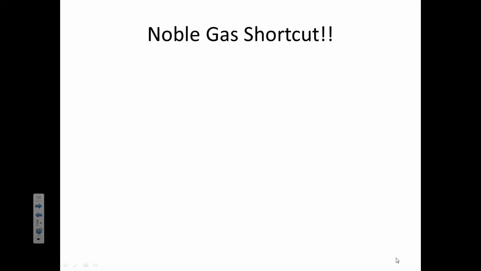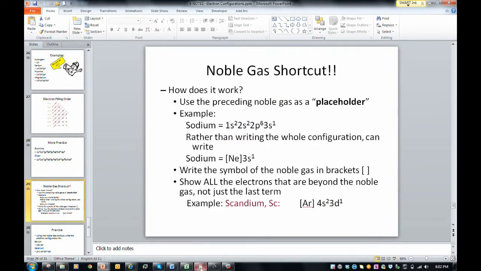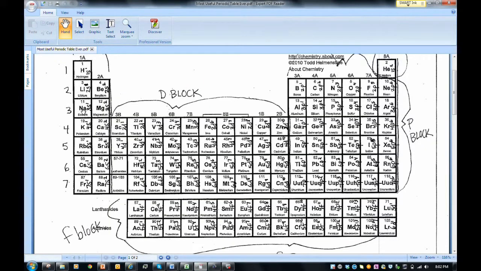Now you're going to be really happy about this. This is a shortcut to writing an electron configuration. How does it work? You always use the preceding noble gas as a placeholder. For example, if you're writing out the electron configuration for sodium, you look at the last noble gas that occurs before sodium.